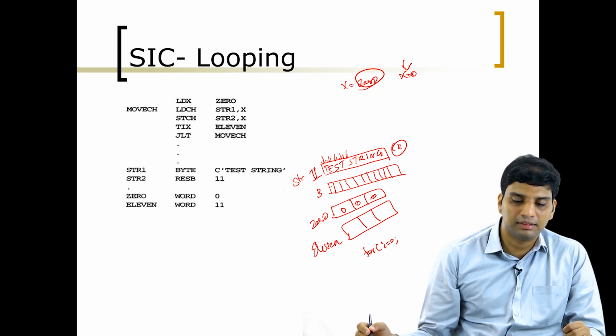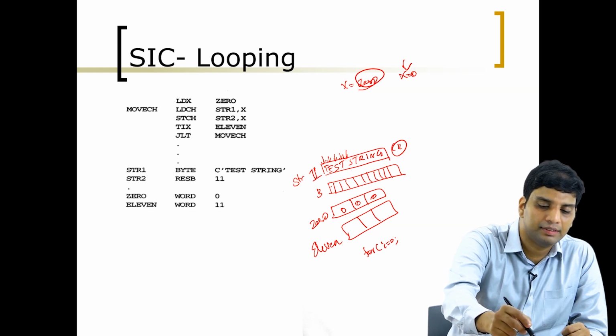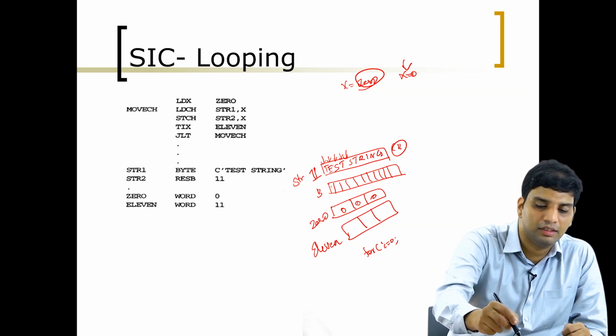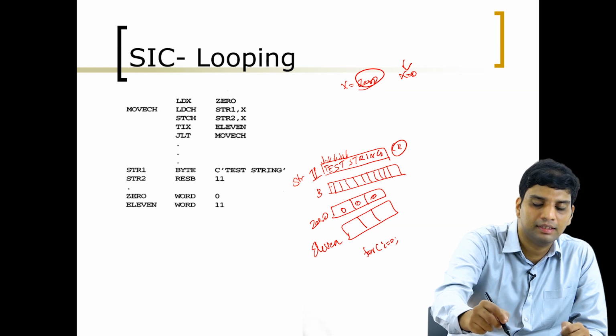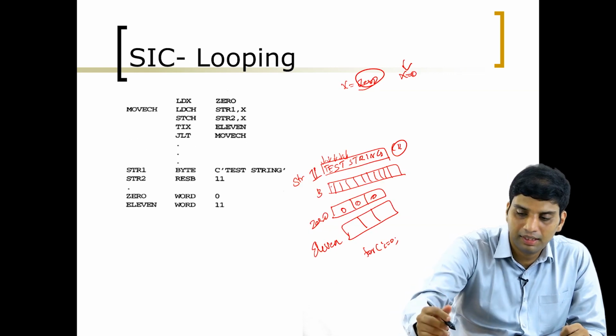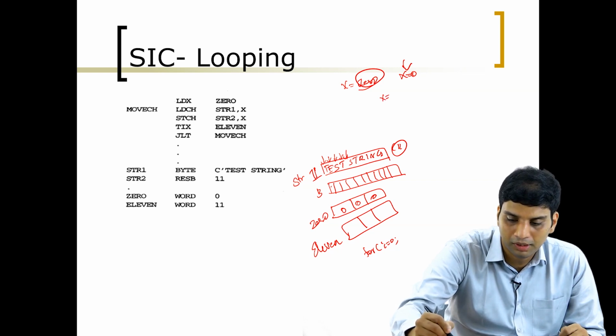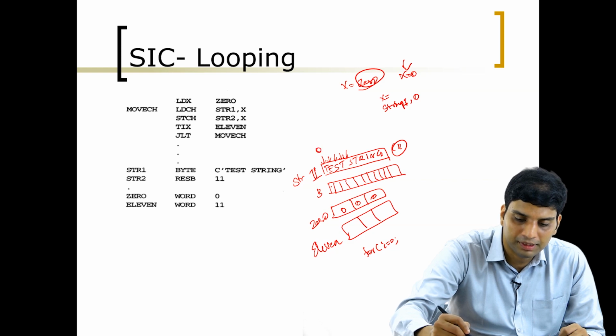Next what happens is, now listen, LDCH string 1, we can see this move CH later. Just look at these two lines. LDCH is string 1 comma X. So what is the X value now? The value of X is 0. So string 1 comma X, that is 0th position, which is the first one. You have to load the character T.